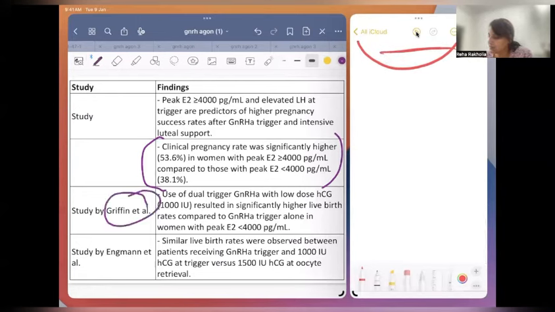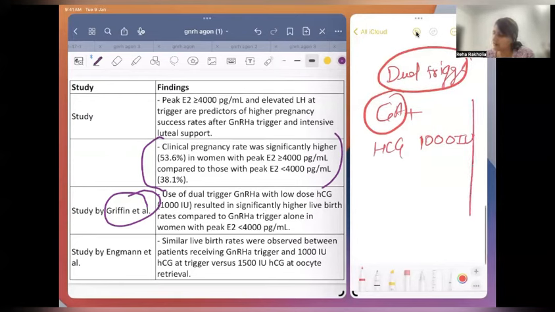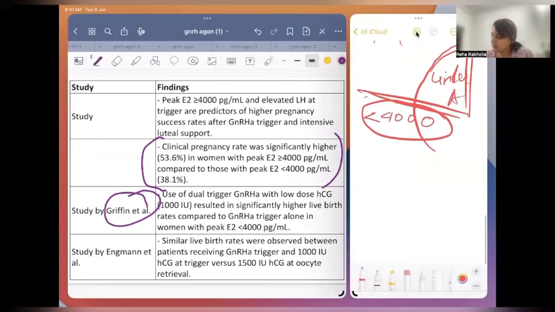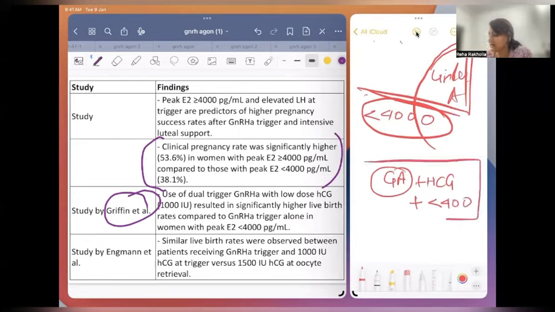Then Griffin et al. said that dual trigger, GnRH agonist plus HCG, low dose 1,000 international unit, if we compare with only GnRH agonist, in both the groups, if estradiol level is less than 4,000, then the group in which we give HCG with GnRH agonist has a high live birth rate.